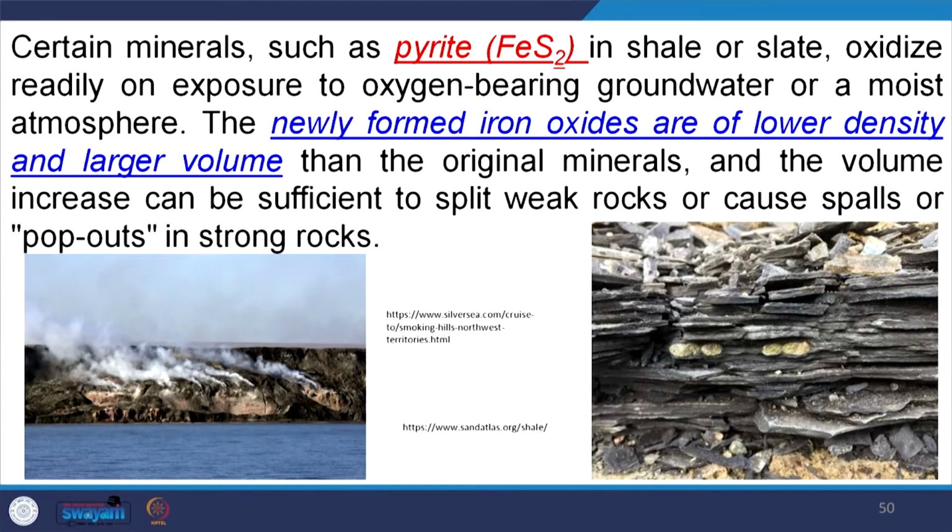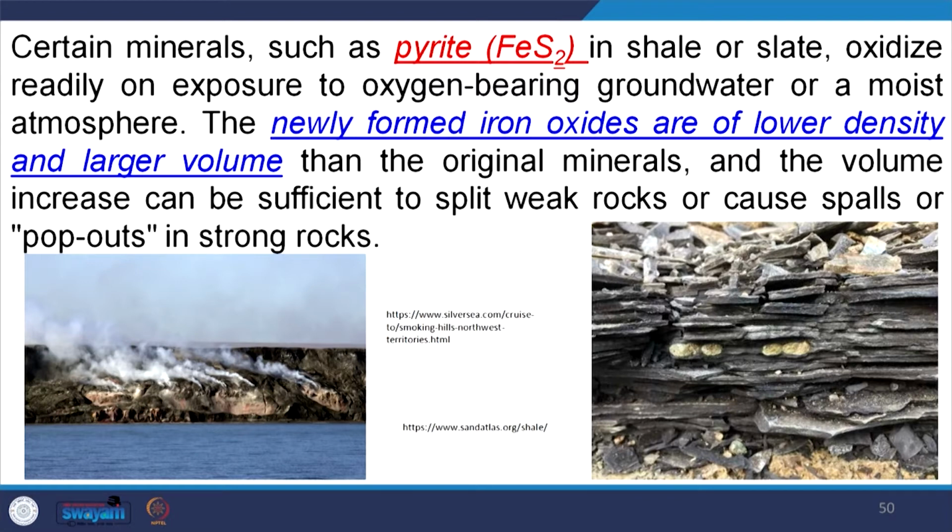Another example of crystal growth in physical weathering is the occurrence of pyrite. Pyrite, we know, is iron sulphide. Pyrite is generally found in shale and limestone if iron and sulphur are there. Pyrite occurs in a reducing environment because oxygen is not there; that is why sulphide, FeS2, occurs in an anoxic environment.